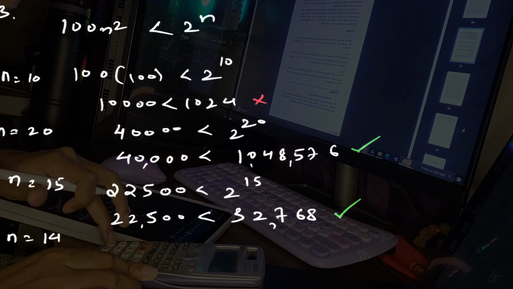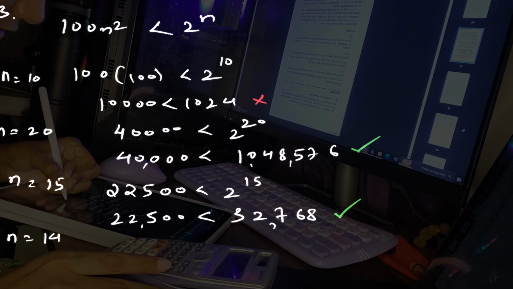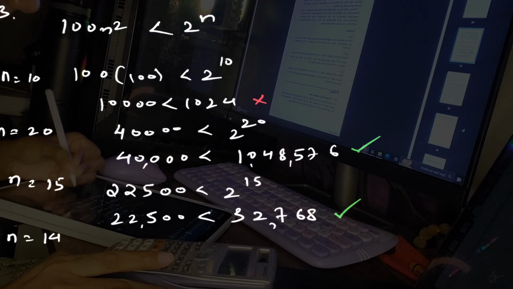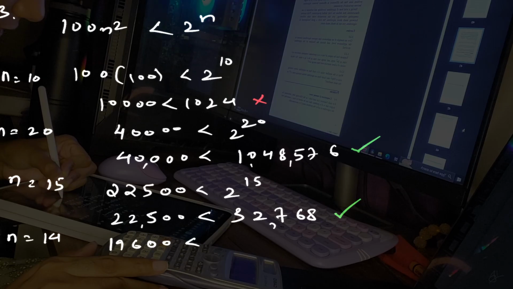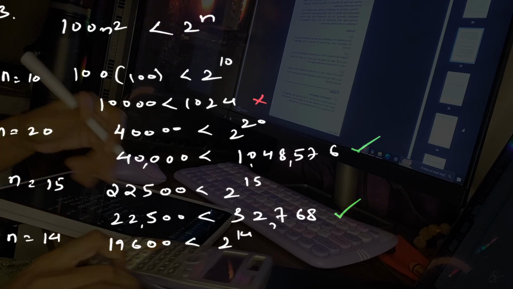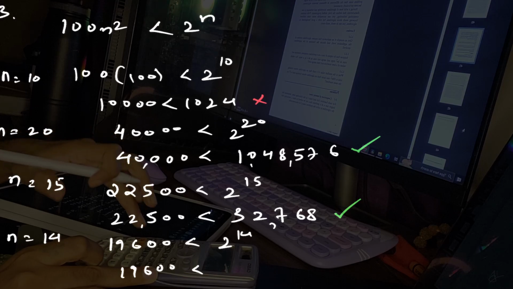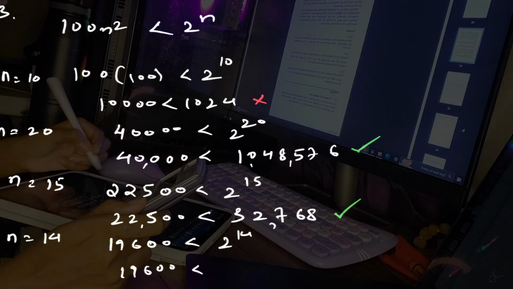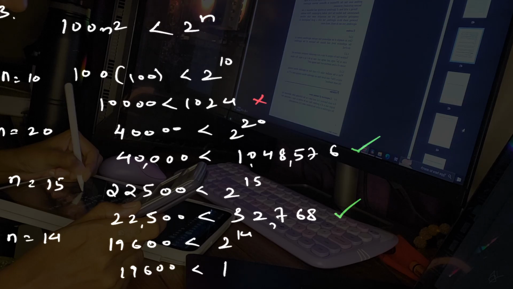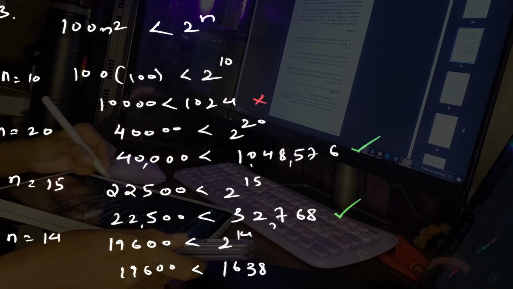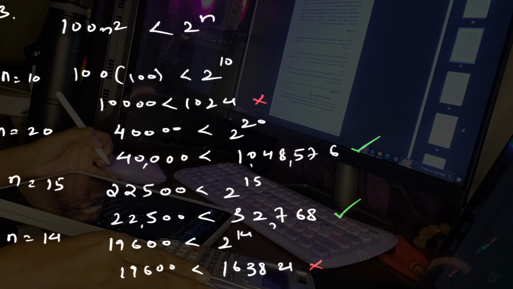Okay, 14 square is 196. I always get confused just for this one. So 100 n square is 19600. Is it less than 2 to the power of 14? It is nothing but 16,384, and it is not less than that.